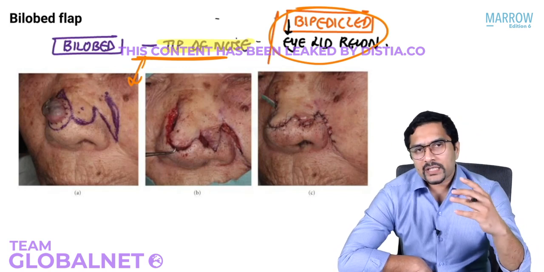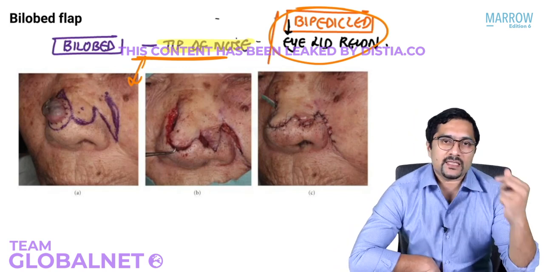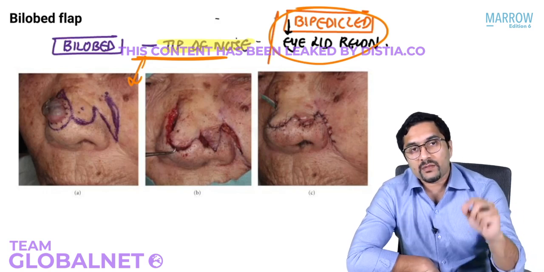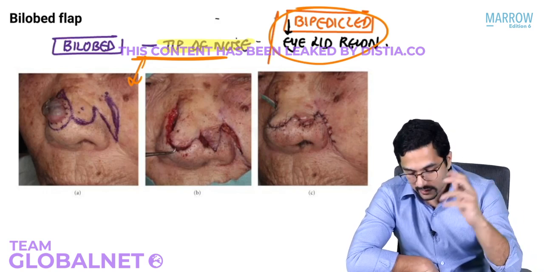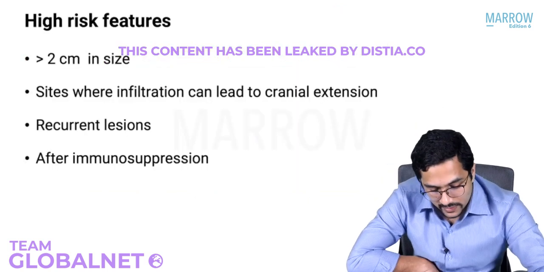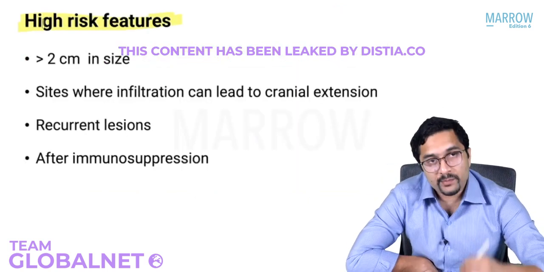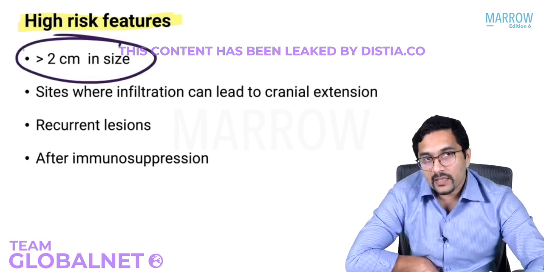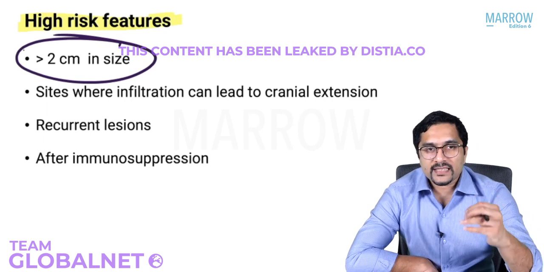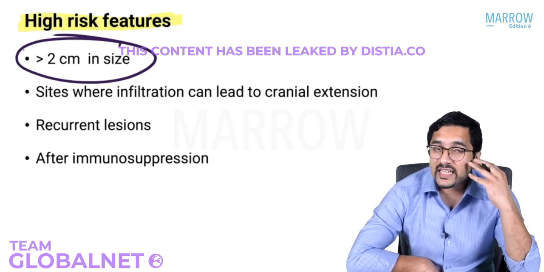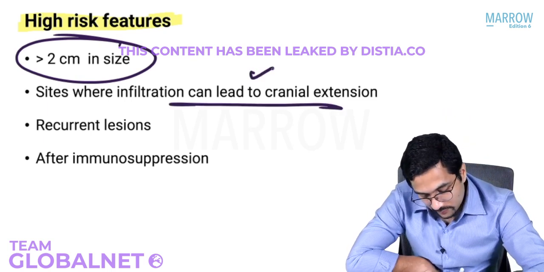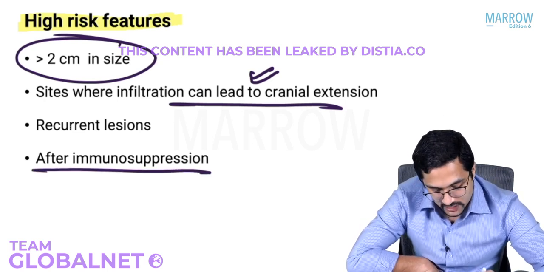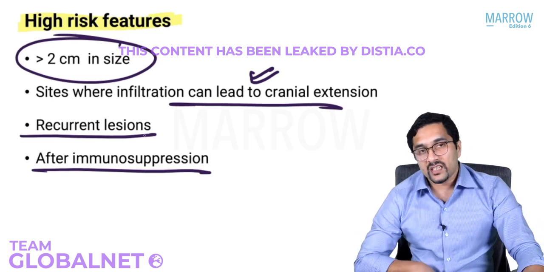Now, there are certain patients who show high-risk features in basal cell cancers. High-risk features basically means that these patients will be more prone to recurrence. You should remember these for your exam, as they have been asked in the super specialty exam. If the lesion is more than 2 centimeters in size, or it is at a location which can infiltrate into the cranium, so cranial extension, if it is secondary to immunosuppression, or if they are recurrent lesions.